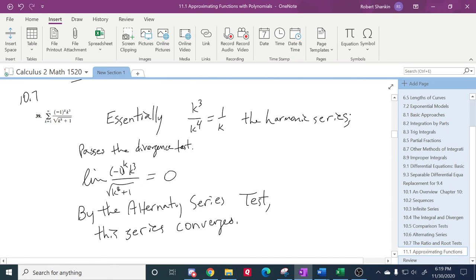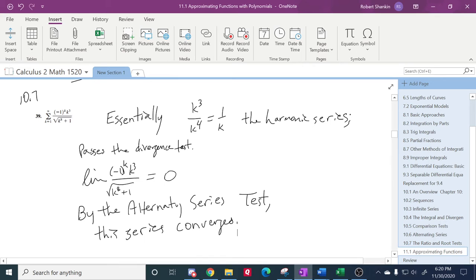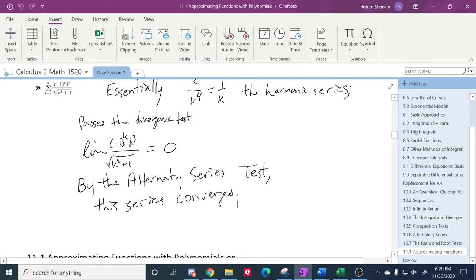Yeah, when it said to choose between the two tests, I thought that we had to do it by root or ratio test. Ah, okay. Also, it says use the test of your choice, so it's all the tests that we've had so far. And then we also have to say whether it converges absolutely or converges conditionally. I thought that was for 10.8 that you get to choose your tests.